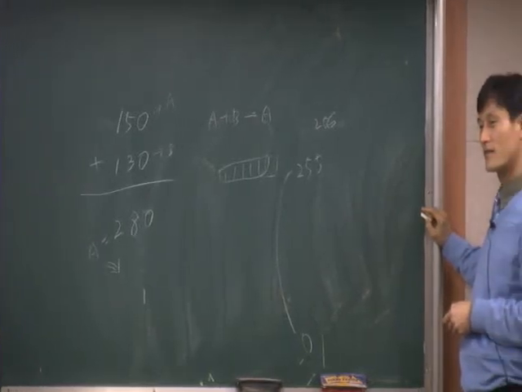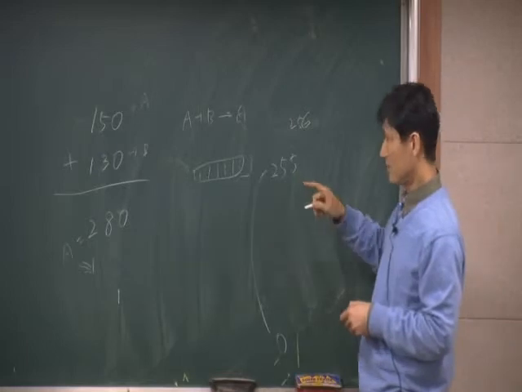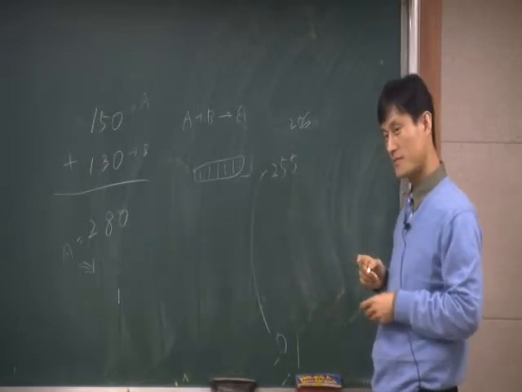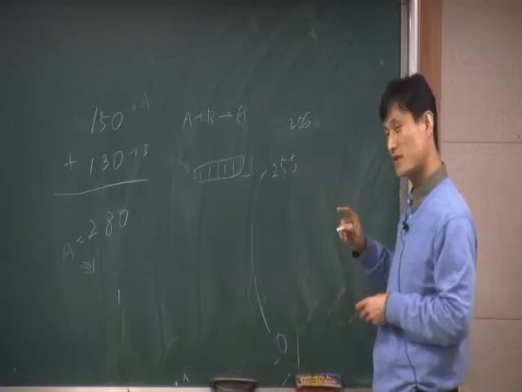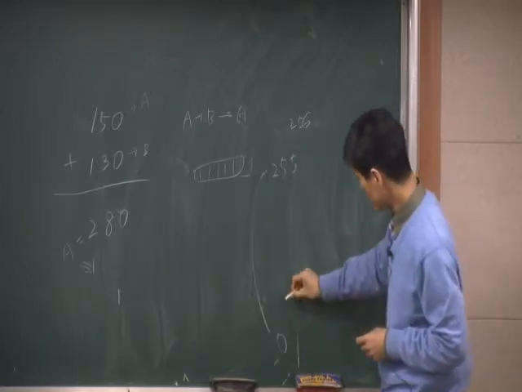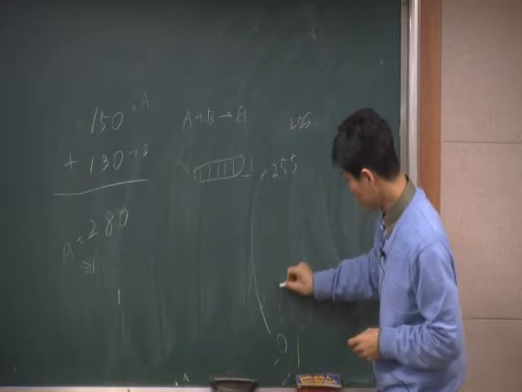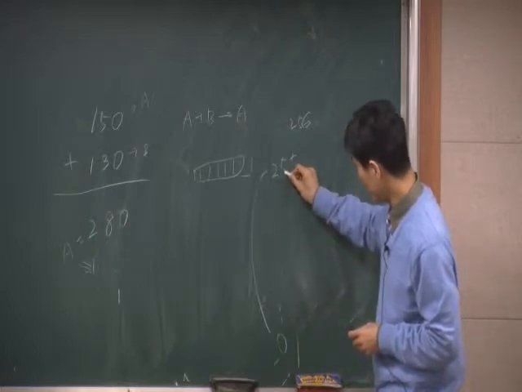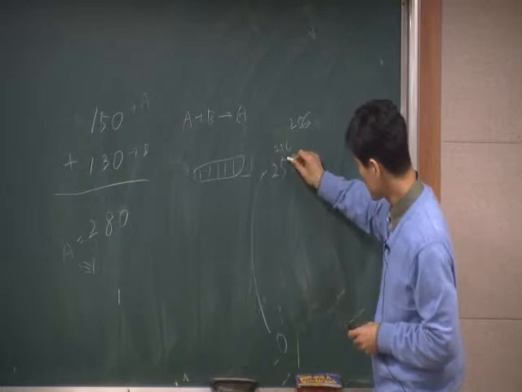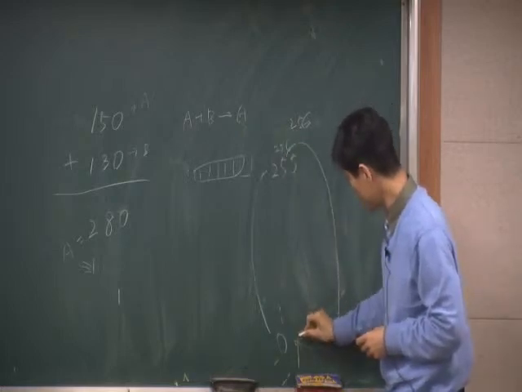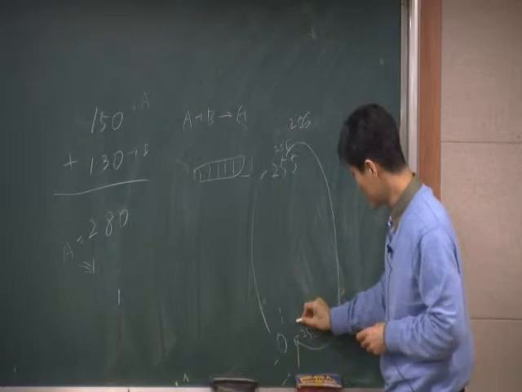Because carry flag means that the too-big 1 and the rest of them need to be disqualified. Then why 1? Should be 0, right? So here's the thing. Let's say you have 0, 1, 2, all the way to 255, and the next thing is 256. 256 is like going back.